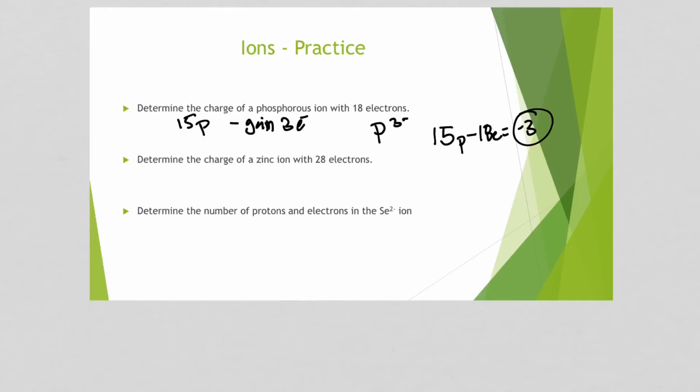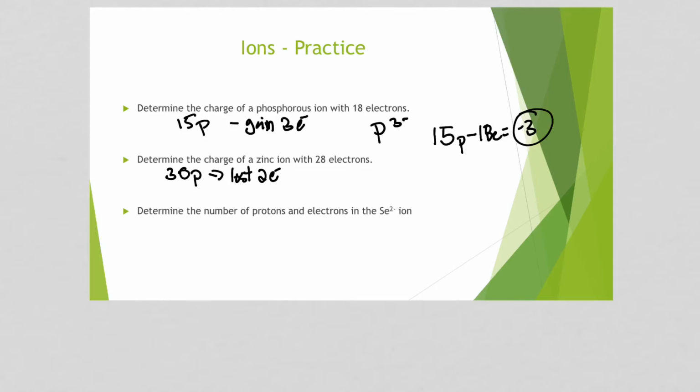Let's look at the next one. Determine the charge on a zinc ion with 28 electrons. Again, we consult our periodic table, and we see that zinc is atomic number 30. So that means it has 30 protons. If it has 28 electrons, it has lost 2 of its electrons from its original 30 electrons.